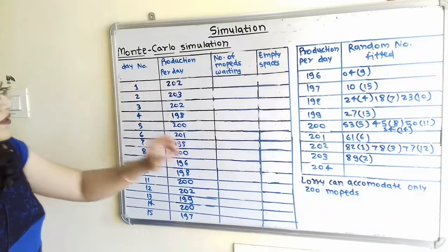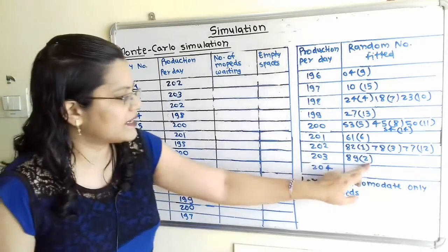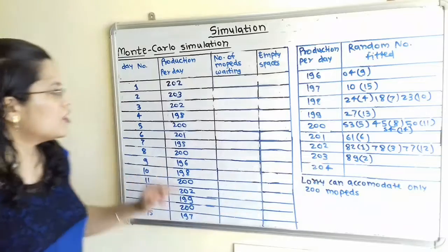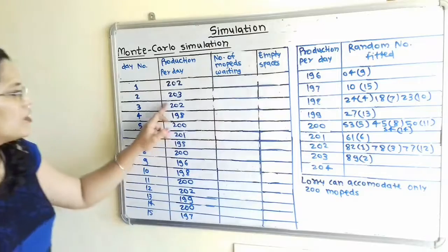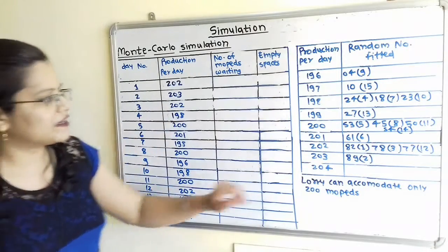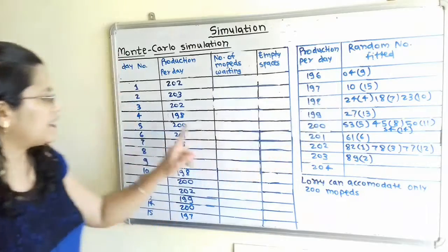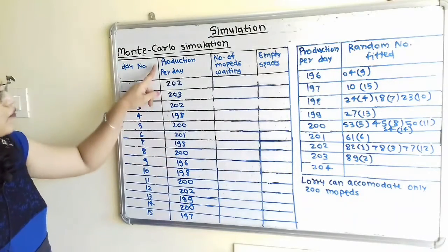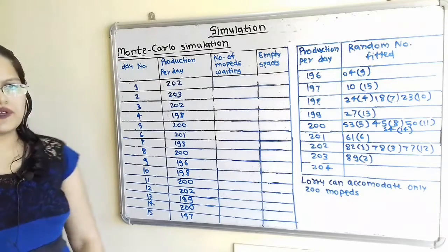So for day number 1 it is 202. Now for day number 2, the second random number, production is 203. Then the third random number has production 202. Then the fourth random number, so where is the number 4? That is here. So it is 198, and so on. So we have to plot this production per day for each day number.